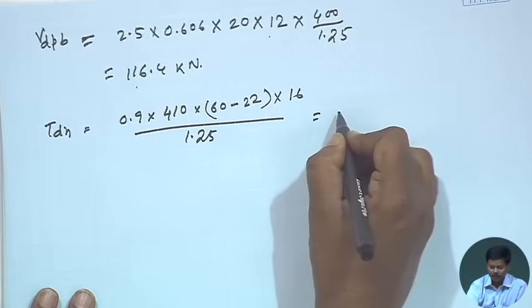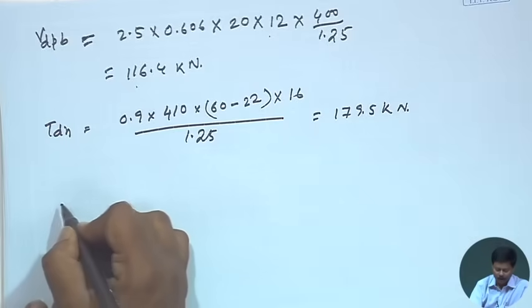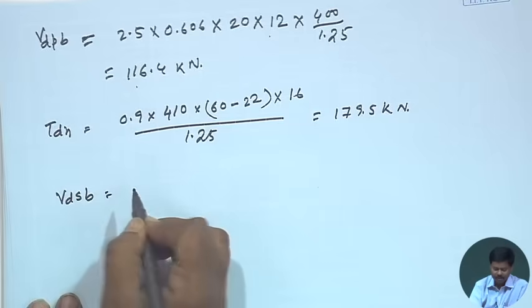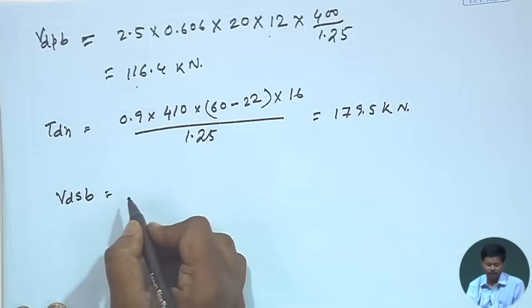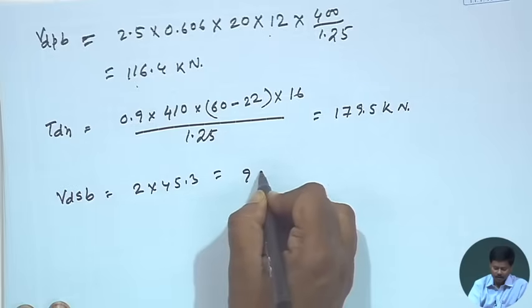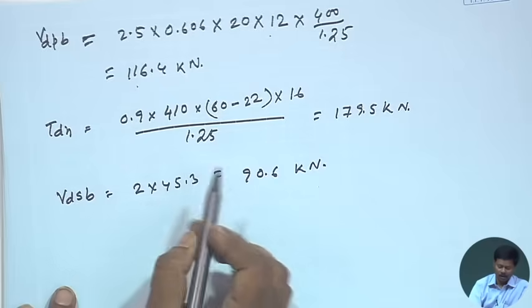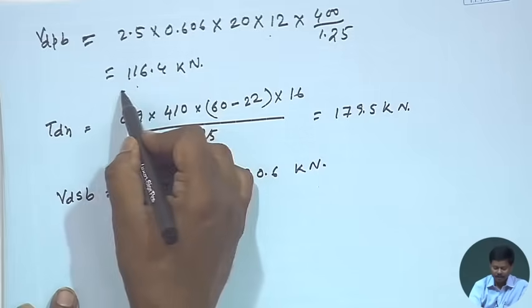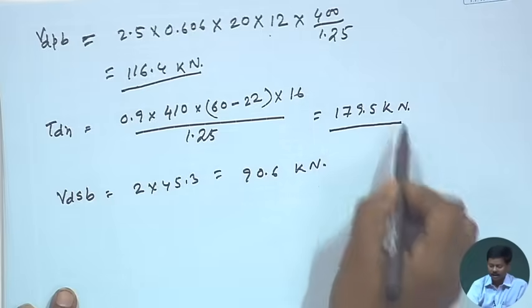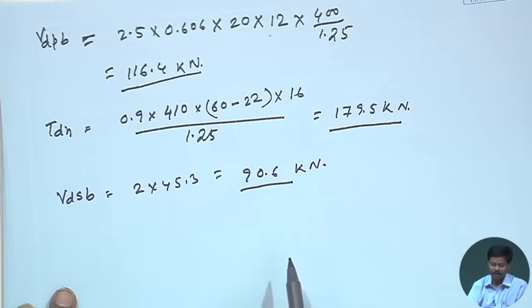So, this will become 179.5 kilonewton. And another, VDSB, we got earlier, that is the shearing strength of the bolt, that is 2 into 45.3 kilonewton, that means 90.6 kilonewton. So, we got the strength of the bolt due to bearing as 116.4 kilonewton, due to tension as 179.45 kilonewton, and due to shearing as 90.6 kilonewton.